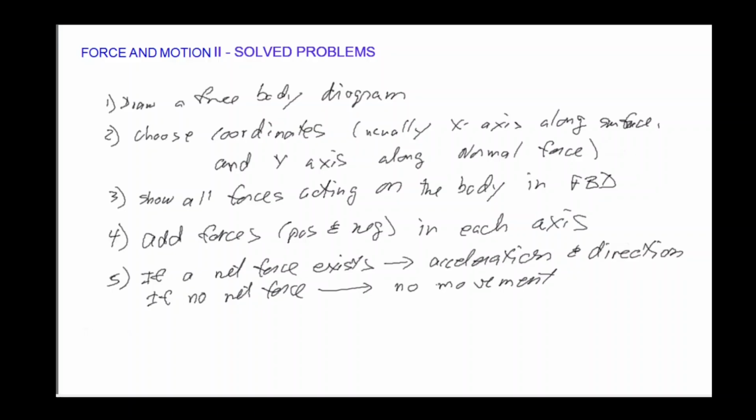Third, show all the forces acting on the body in the free body diagram. Fourth, add your forces, positive and negative, in each axis. And fifth, if a net force exists, you will have an acceleration and you can find the direction of the movement. If no net force exists, there is no movement.